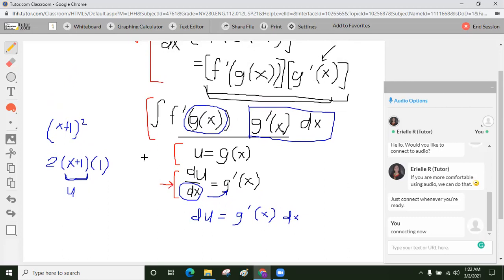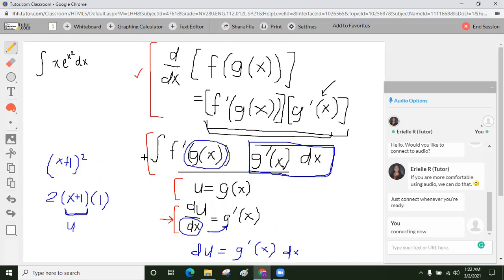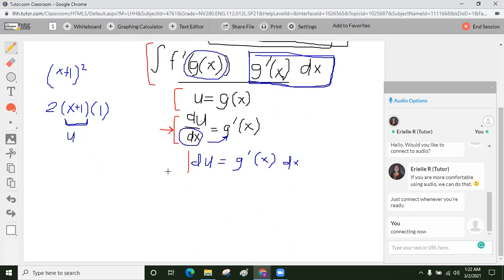Yes, so because you have the derivative of the inner function right here, g prime of x dx. Essentially we are looking for the derivative of u with respect to x, so that we can replace this with a single differential du, which is this one. So after multiplying dx to the other side, you will get this, and we can replace this whole thing with a single differential du.